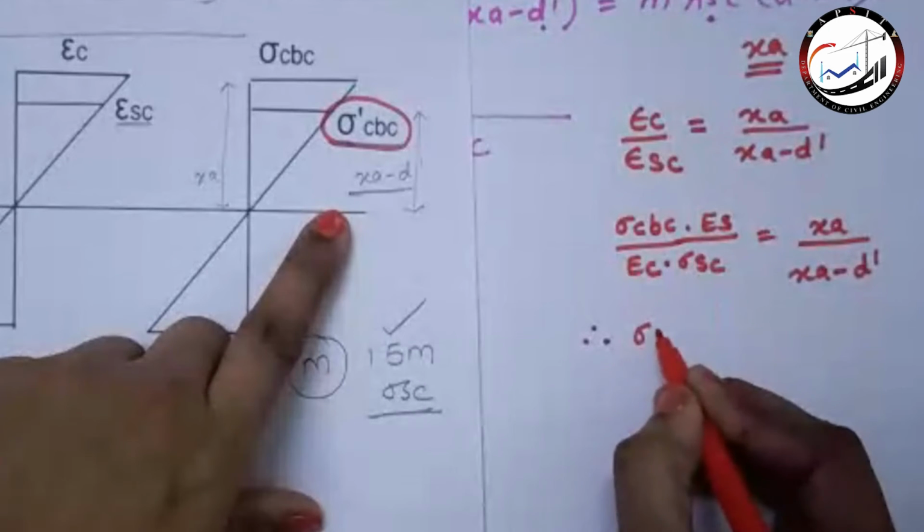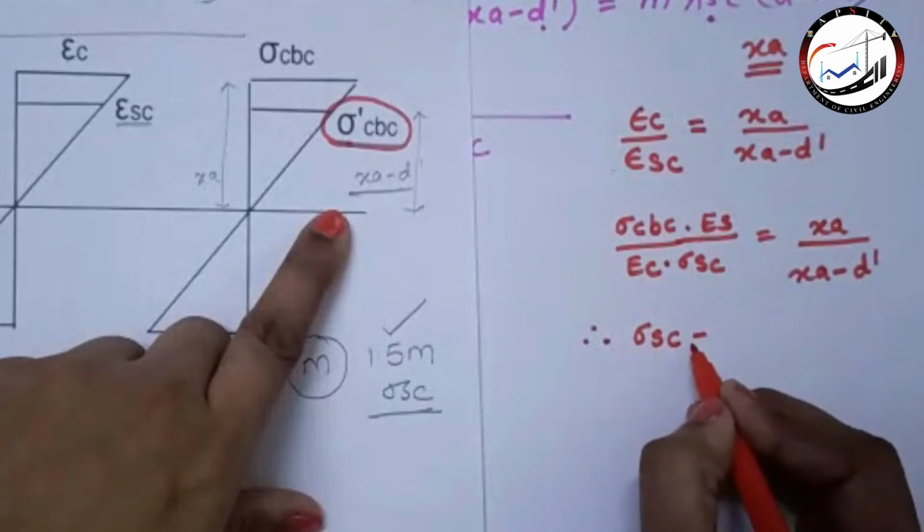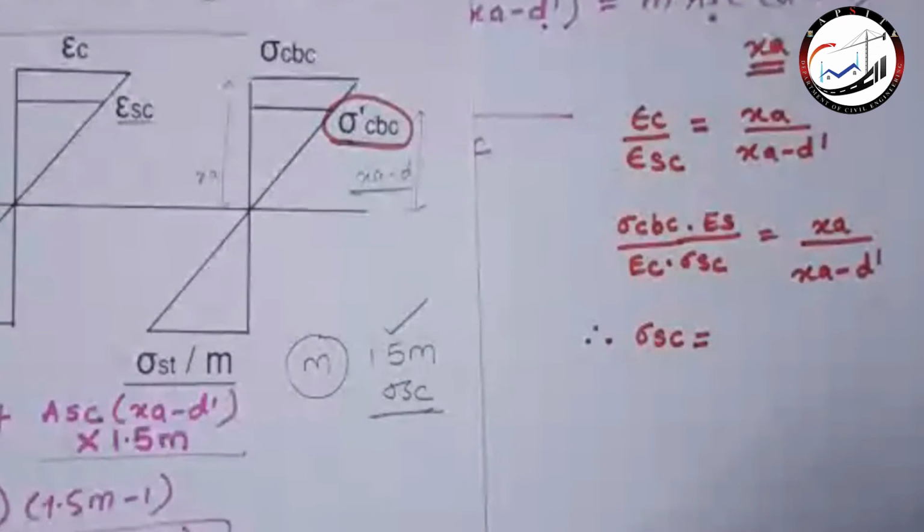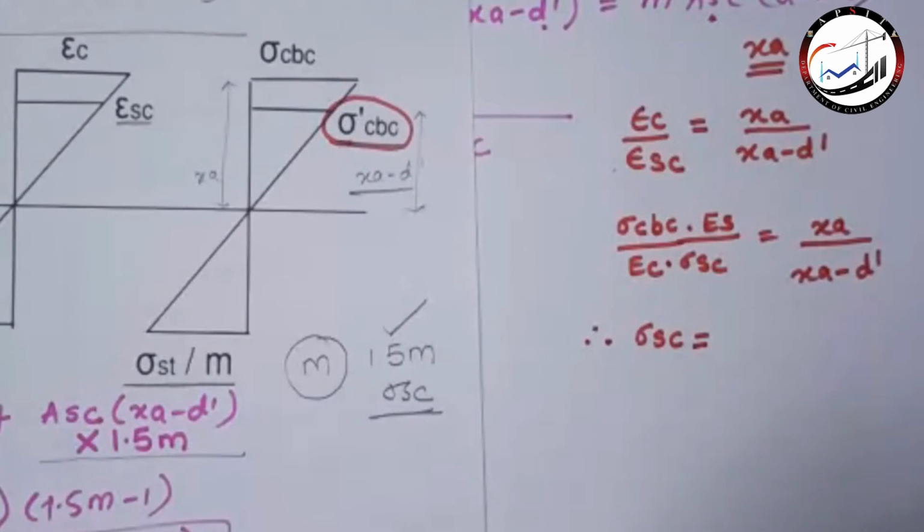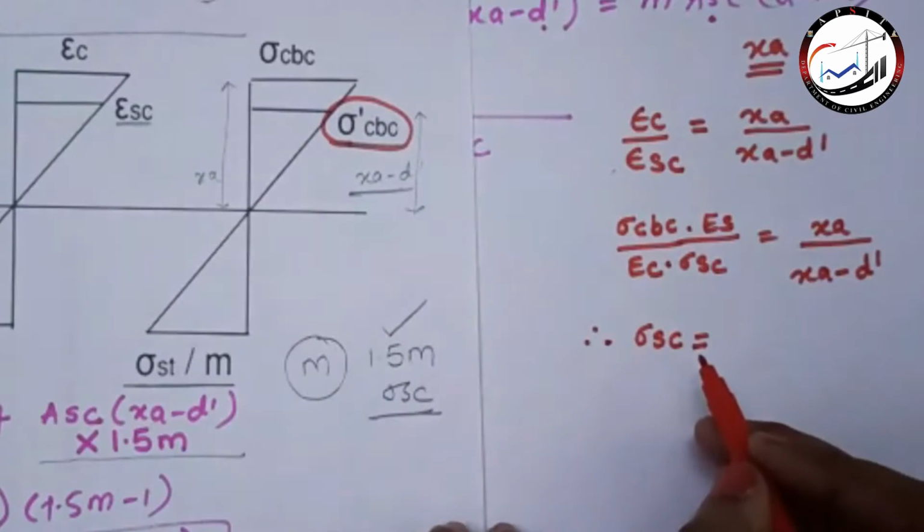So let me see that sigma SC is equal to, I need to replace it as per our condition which we have taken from the IS code. I need to replace this with 1.5 m. Before that, let me explain to you.